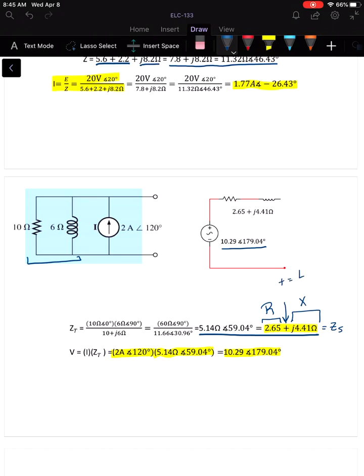The plus and minus means whether it's a capacitor or an inductor. If it's a plus, that's an inductor. If it's a minus, that's a capacitor. So when we draw this back, we can draw it with a 2.65 ohm resistor and 4.41 ohms of inductive reactance because of the sign.